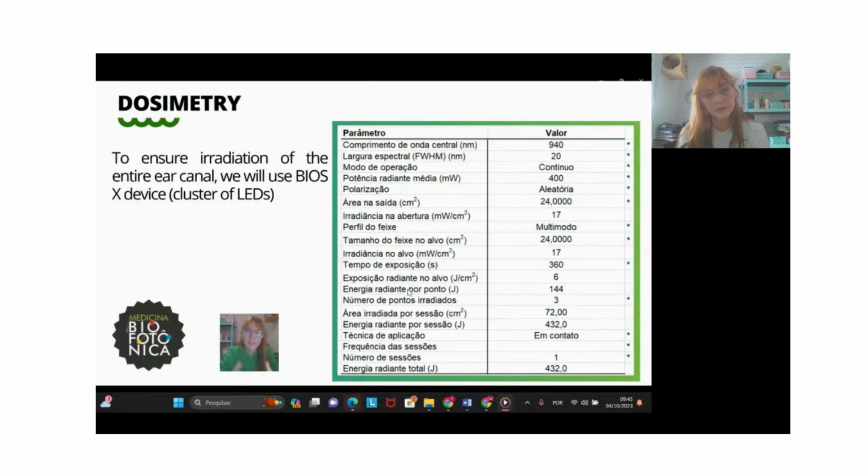Here in this box, we can see all the parameters such as wavelengths, device features, radiant energy per point, and these parameters are in Portuguese because this is a print of a document formulated by the Medicine and Biophotonics program.